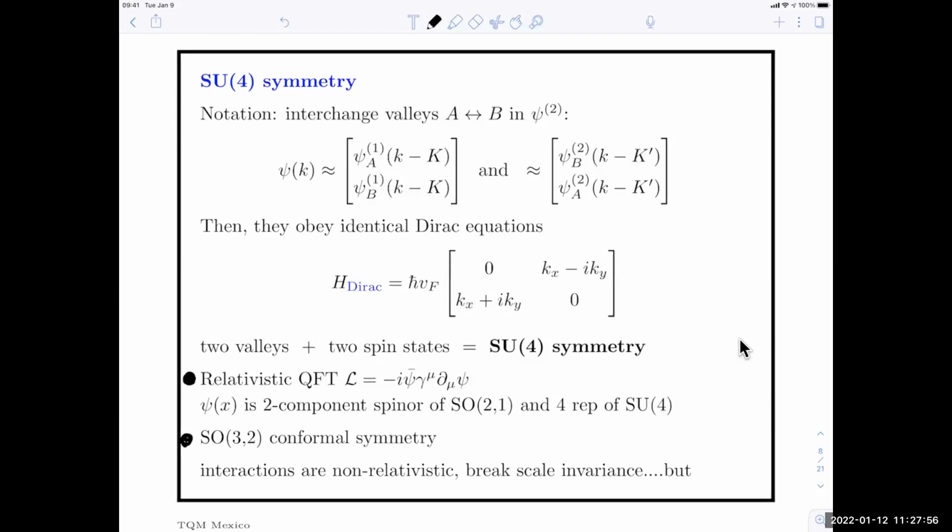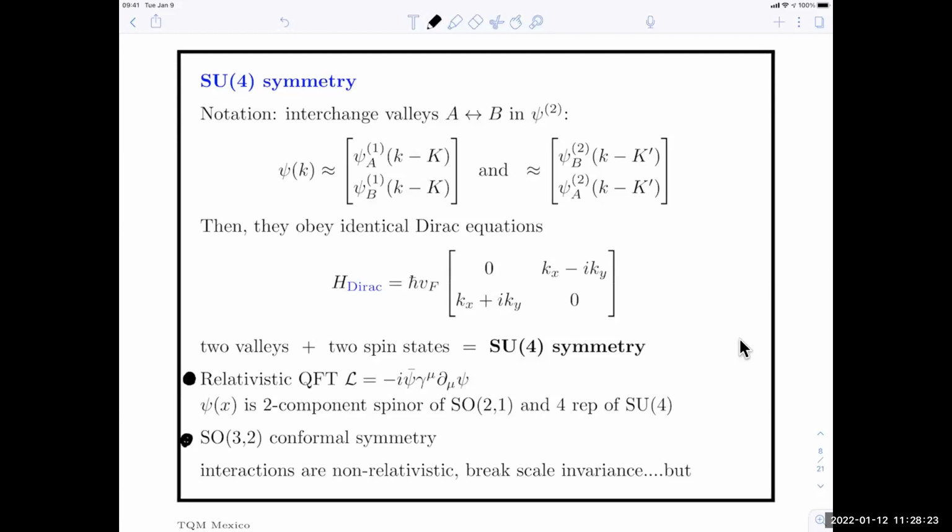Now, of course, this might not be very realistic. In fact, just about any interactions one might dream up for these electrons, if they're important at all, are going to break some of these symmetries. Generally, they will ruin the relativistic invariance. For sure, the conformal symmetry. Also, they will tend to break scale invariance.